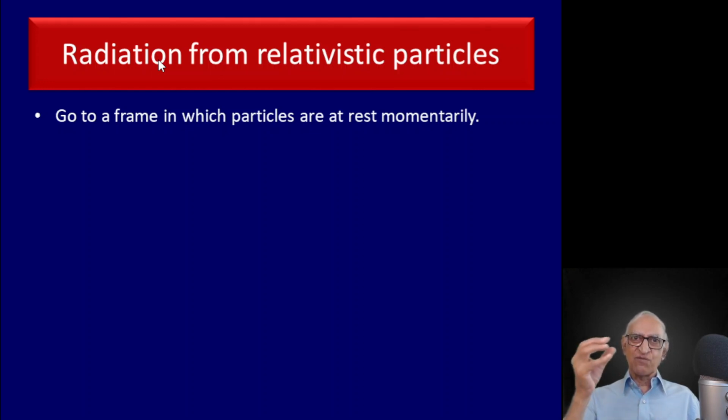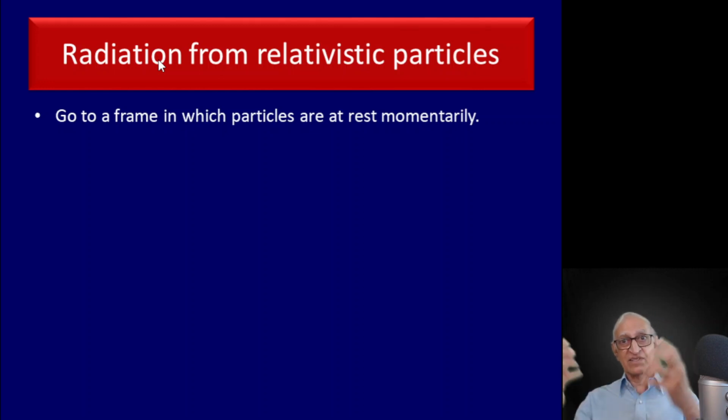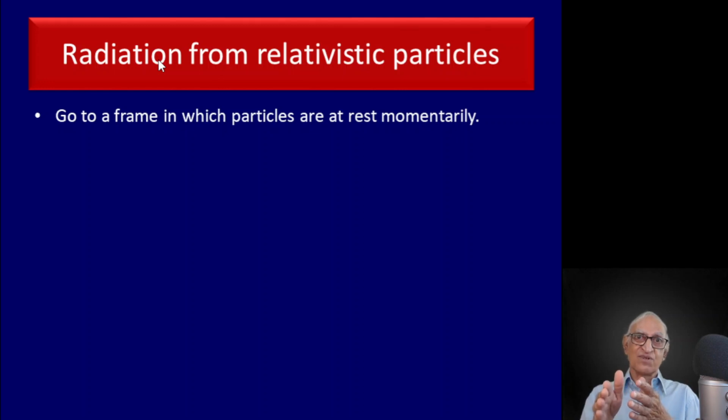Let us go to a frame where the charges are moving very slowly or momentarily at rest. Even if an electron is moving relativistically, I can jump and sit on the electron, and for me the electron is stationary. Or I can move parallel to the electron with a velocity very close to it, so for me the electron is moving rather slowly. I can always find such a frame of reference.